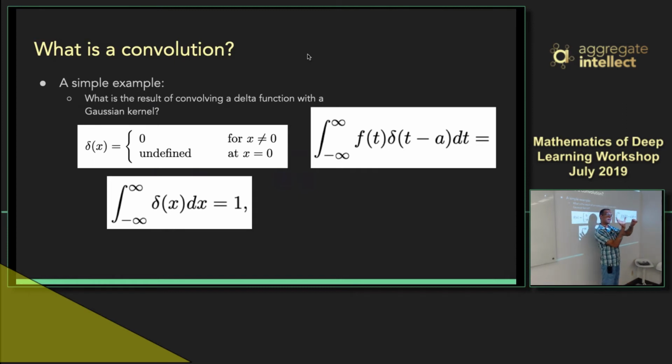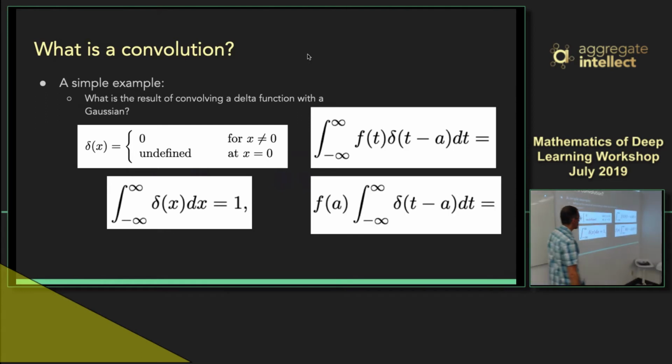We take function g, we call it kernel. So kernel is the second function here, which we start sliding over all values of t from minus infinity to plus infinity, and then we take the integral at every point.